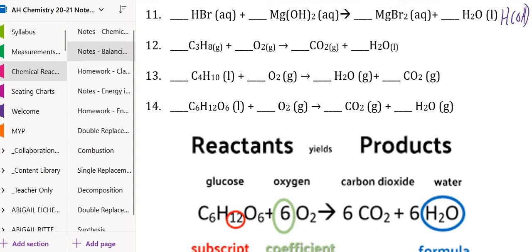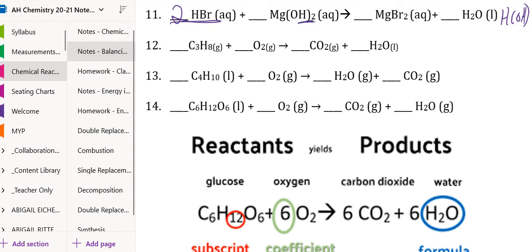It may also help you visually with balancing. For some reason, question 11 is the one that kids will get tripped up on, just because you've got hydrogen in 2 places in your reactants. So I would start by balancing the bromines. If you do that, you need to put a 2 in front of HBr in your reactants. Then if you count up all of the hydrogens in your reactants, you've got 2 here, right?